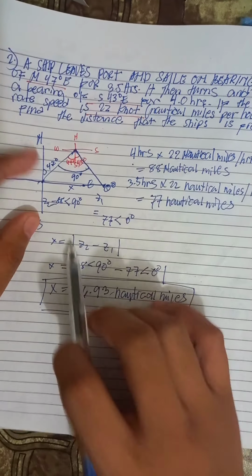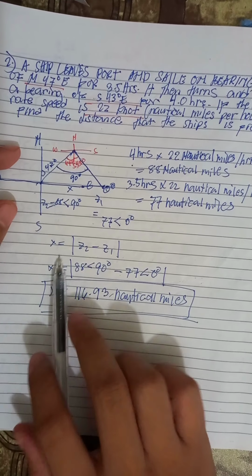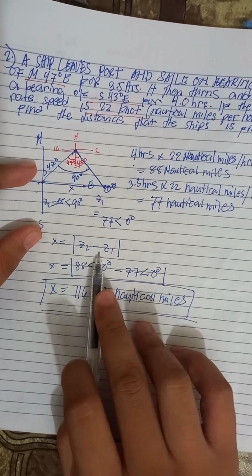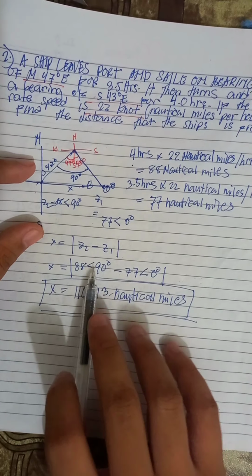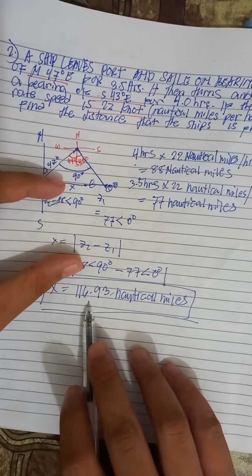So next is we have to use the distance formula, which is z2 minus z sub 1, in order to get the value of the distance. So the final distance is 116.93.